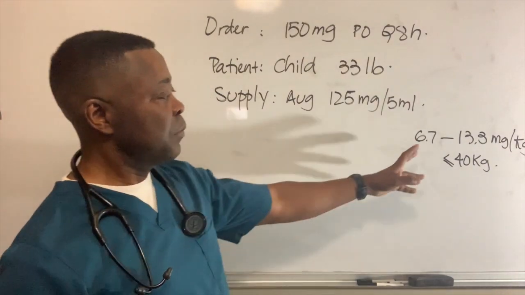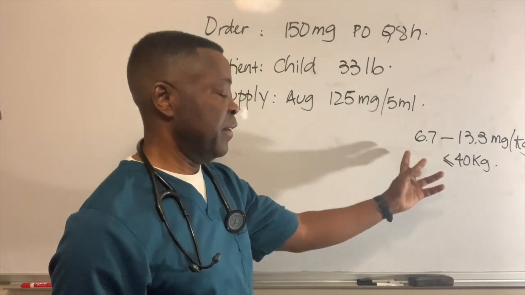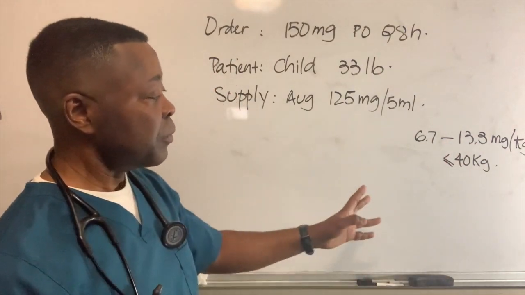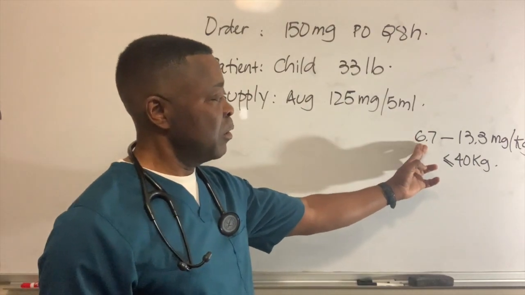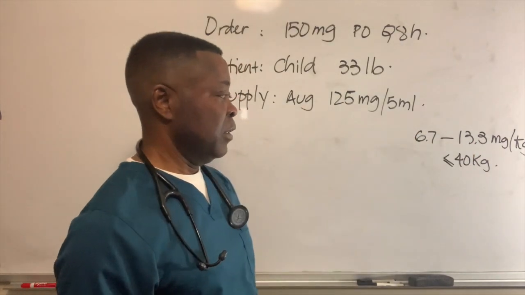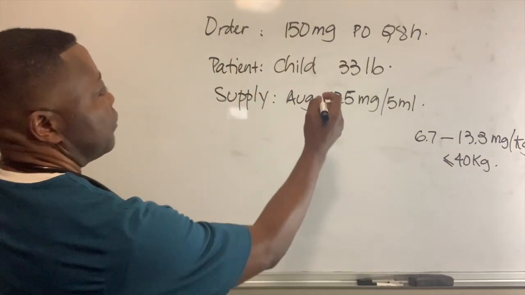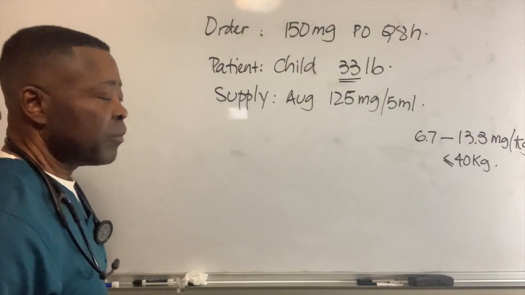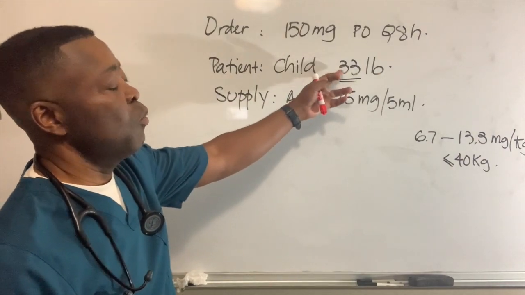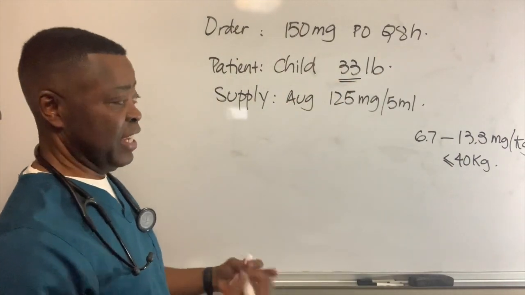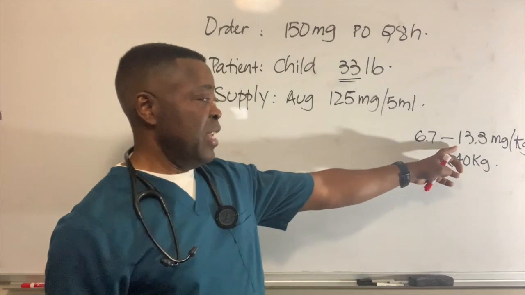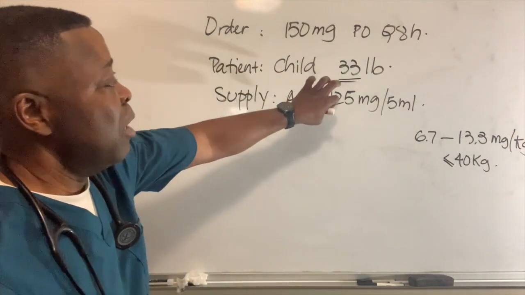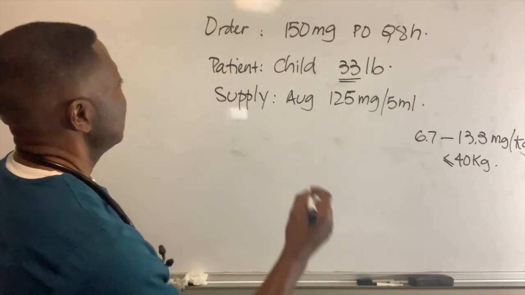So we have two numbers here, a kind of range with a low number and a high number. Using unit analysis, let's see what the weight of the child is in kilogram, because the recommendation is in milligram per kilo.